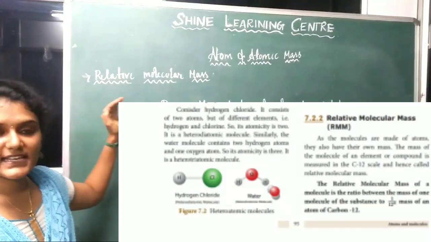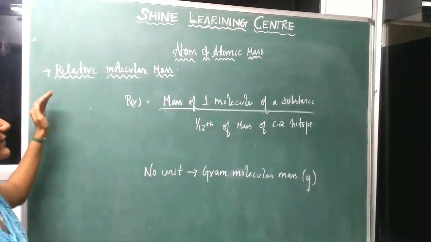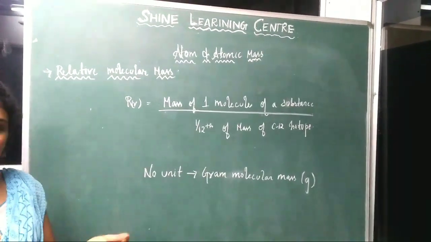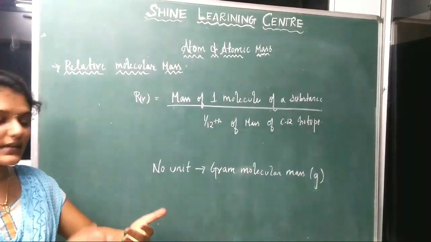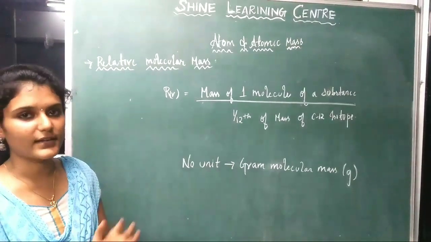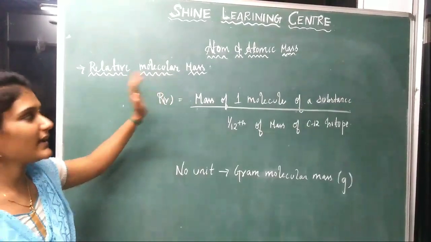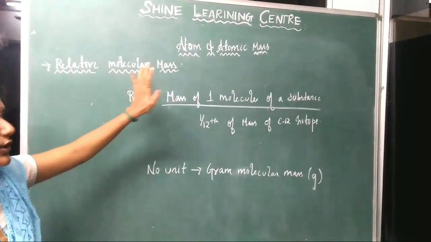Now we are going to see relative molecular mass. For an atom, we saw relative atomic mass, where we kept a stable element, gave it an arbitrary value, compared and obtained the relative value, right? Similarly here, we are going to calculate the relative molecular mass for a molecule.